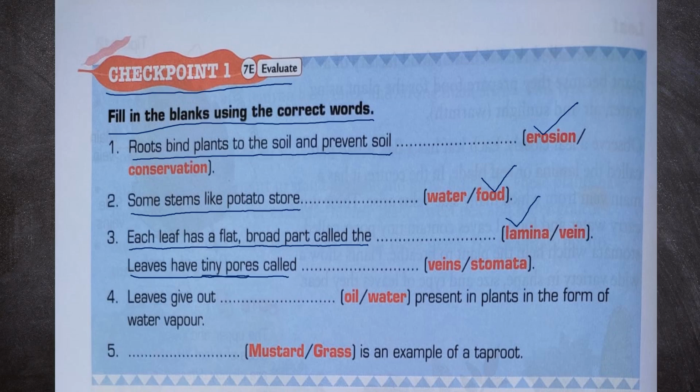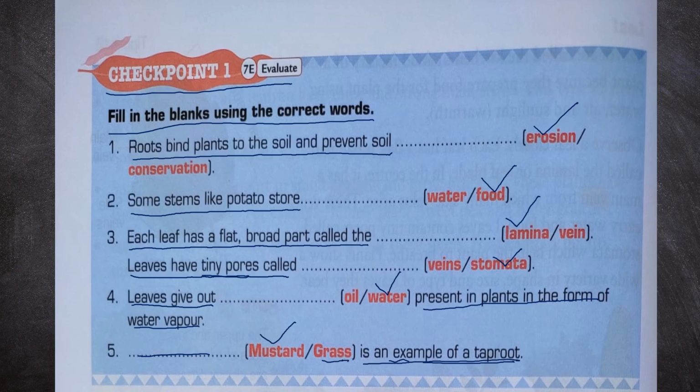Leaves have tiny pores called stomata. Leaves give out water present in plants in the form of water vapor. Dash is an example of a taproot. So, mustard is an example of a taproot.